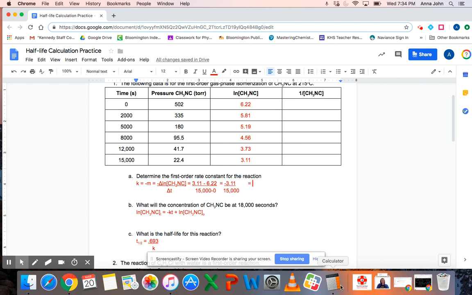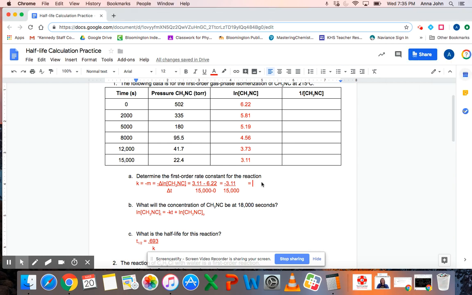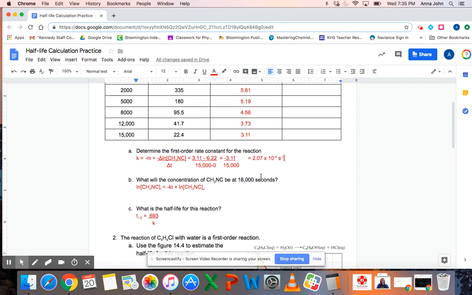So 2.07 times 10 to the negative 4th. And I know that it's a first order, so my unit is just going to be seconds to the negative 1, or 1 over seconds. Okay, now that I know that K value, I can do some more calculations.